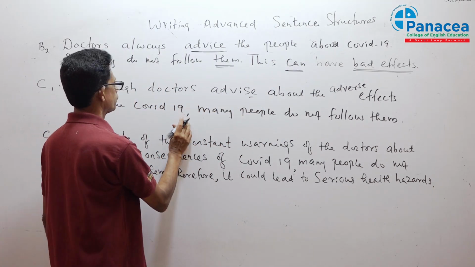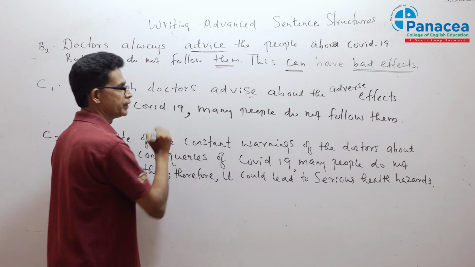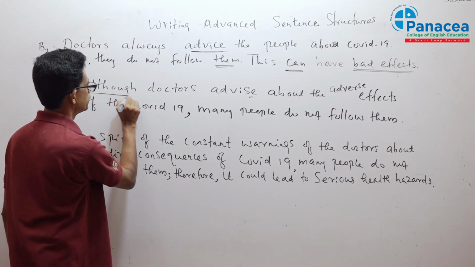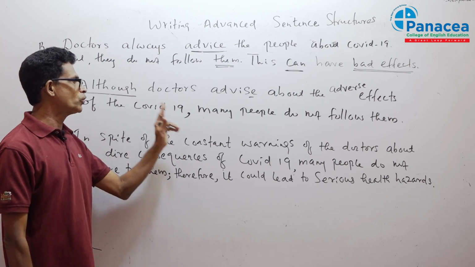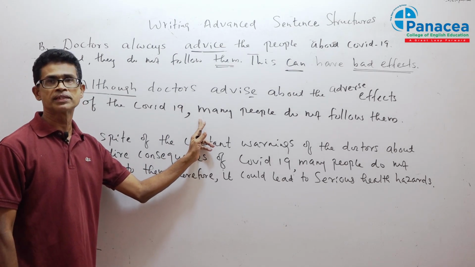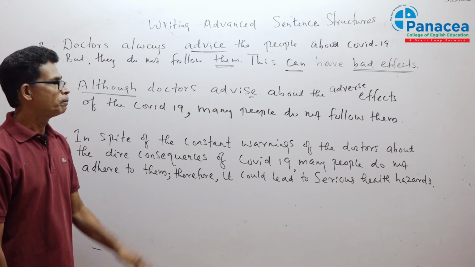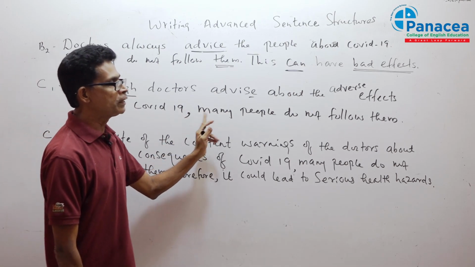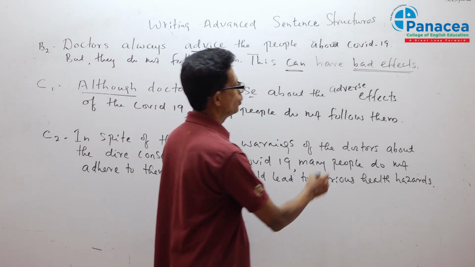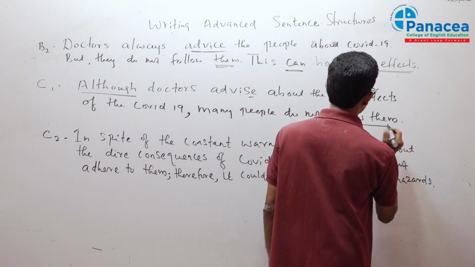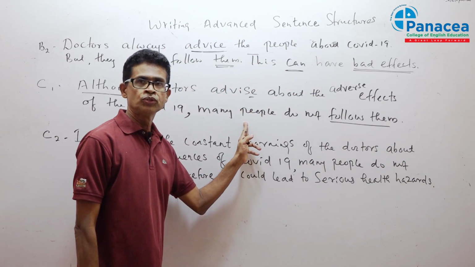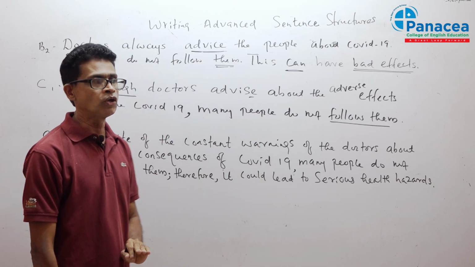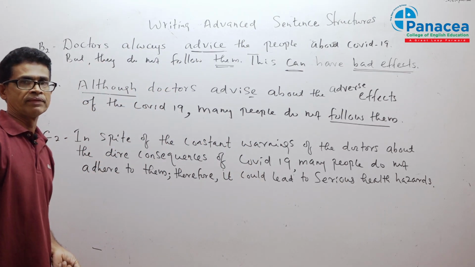You have to place a comma here because you start with a subordinating conjunction. But if you use the subordinating conjunction in the middle of the sentence, you should not place a comma. Many people do not follow them. Again, direct translation, but this student shows some sort of development of the language.